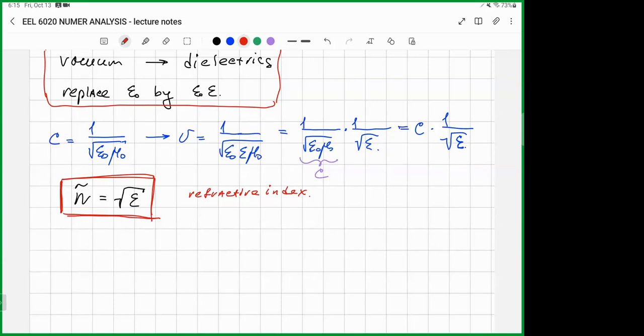There is one important point left to discuss here, the fact that epsilon is actually a complex number.